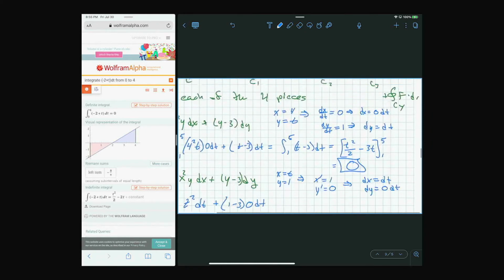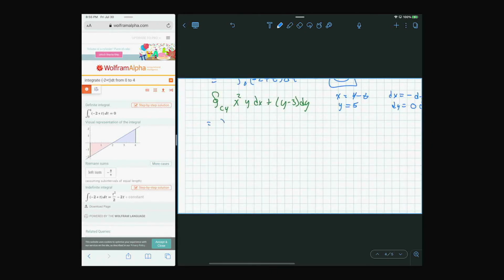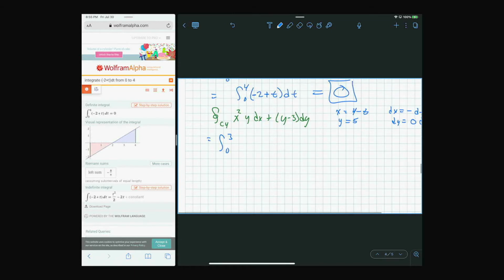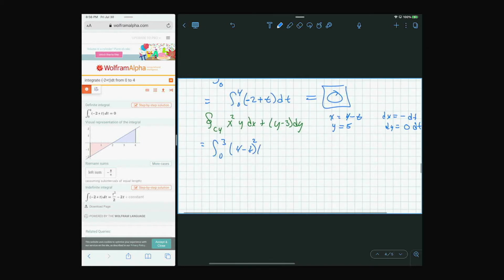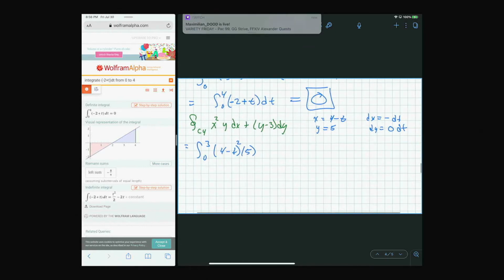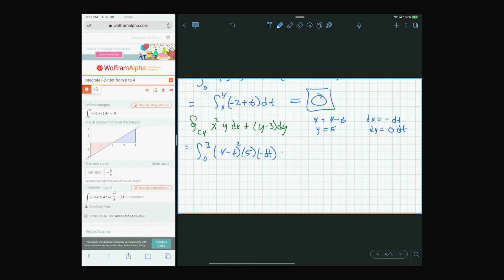What are our limits of integration? 0 and 3. Plug this all in. 4 minus t squared for x. Y is 5. Dx is negative dt, plus y, which is 5 minus 3, which is 2, dy dt, which is 0 dt. So this one drops off.